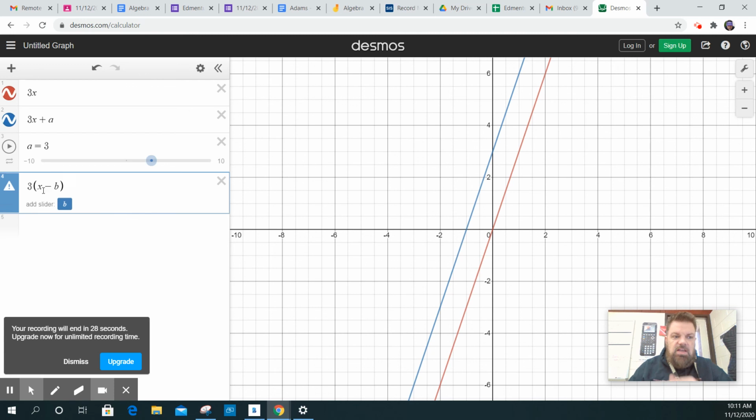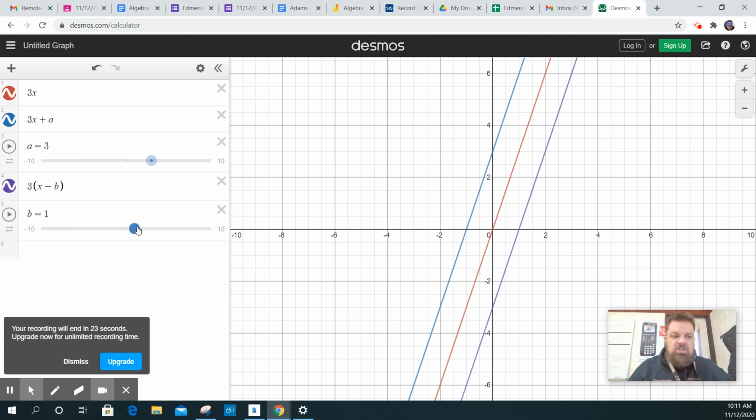By putting that plus or minus, I can shift horizontally. If I leave that at 0 and I go this way, it shifts it that way. But if I go this way, it shifts it this way. When I put minus a minus 1, this is the formula for a horizontal shift. If I do minus minus 1, that's plus 1.